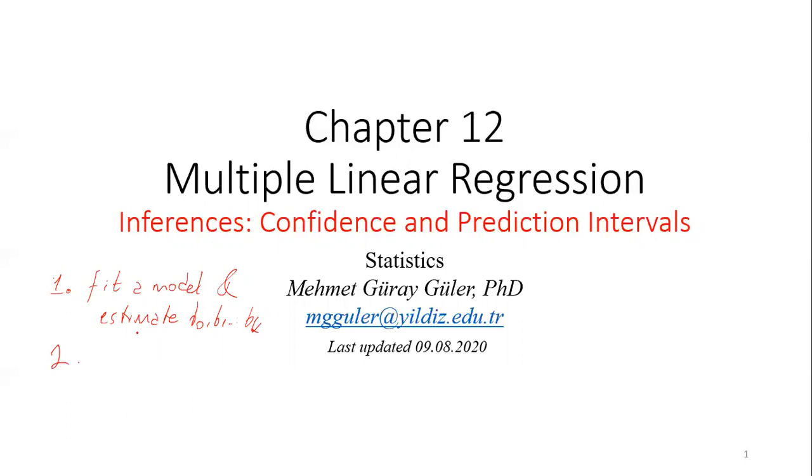Then remember, we talked about its notation, how to find B0, B1, and so on. But then we talk about how to choose among models. We will talk about some additional criteria for choosing models, but for now assume that we have chosen our model. So our model is okay.